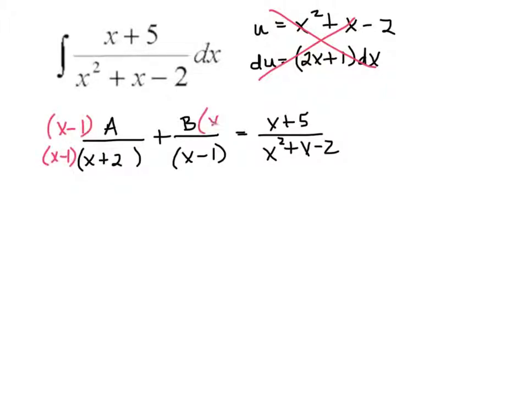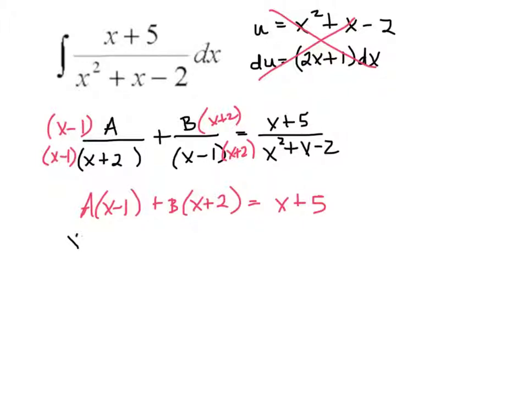Multiply this by x plus 2 over x plus 2. So I now have A multiplied by x minus 1, plus B multiplied by x plus 2. And remember, the denominators are now the same. So I'm just going to kind of ignore them and just work with the numerators, okay?